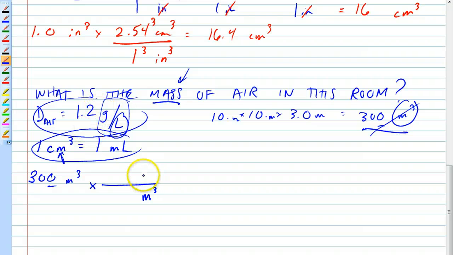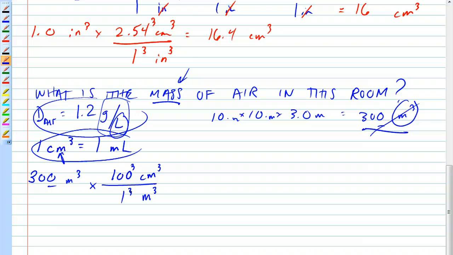So let's do that. And to do this, we're going to use our little trick here. I don't know how many cubic centimeters in a cubic meter, but I know there's 100 centimeters in a meter, right? And so cube, cube, cube. So there's 1,000,000 cubic centimeters in a cubic meter.